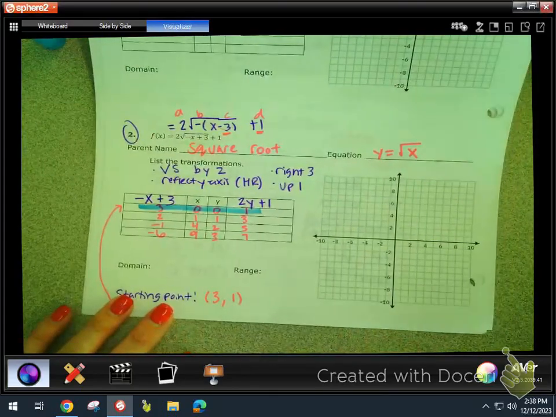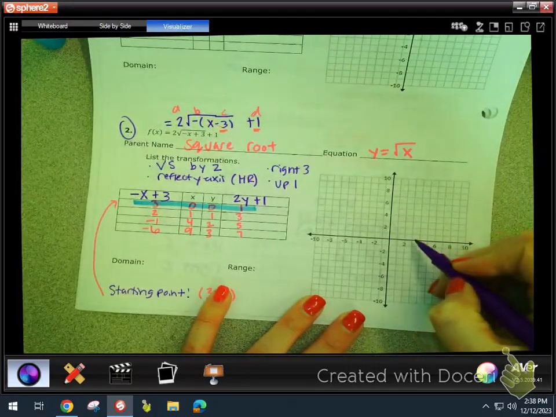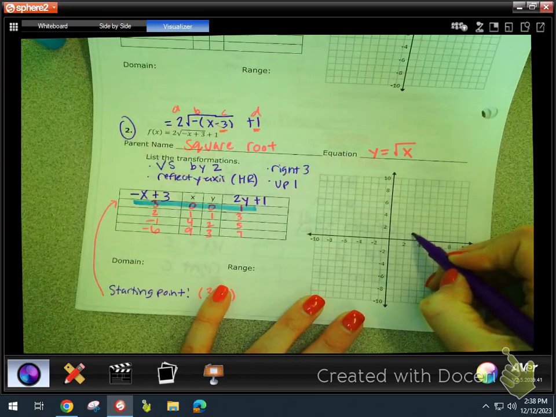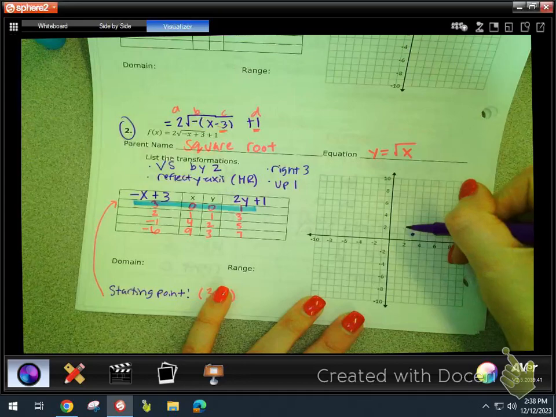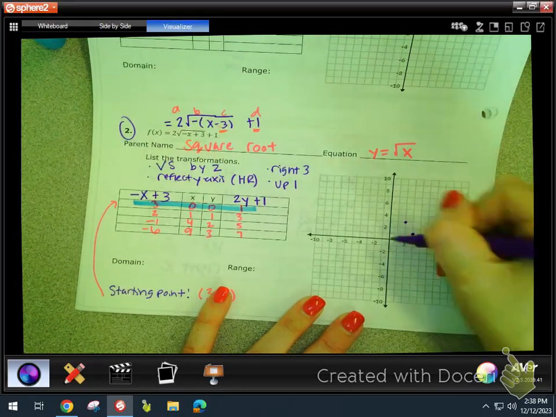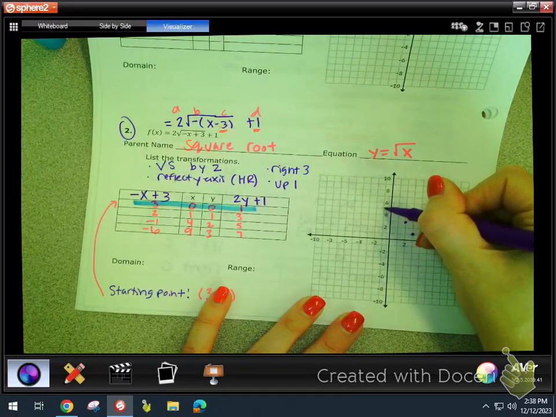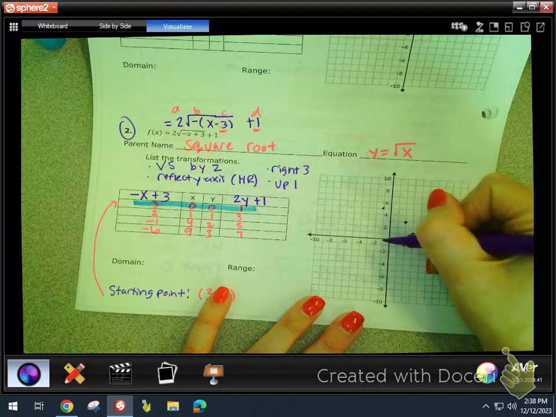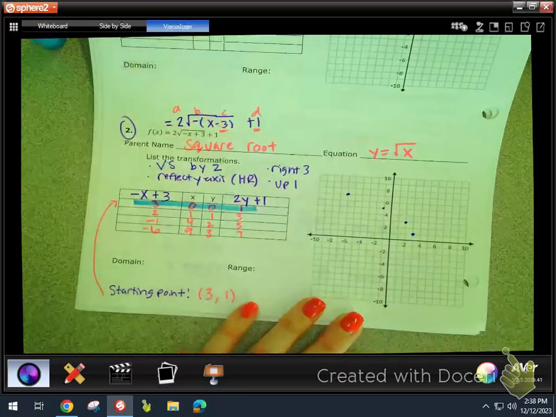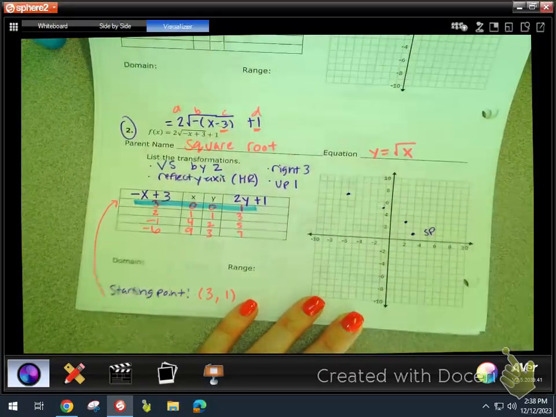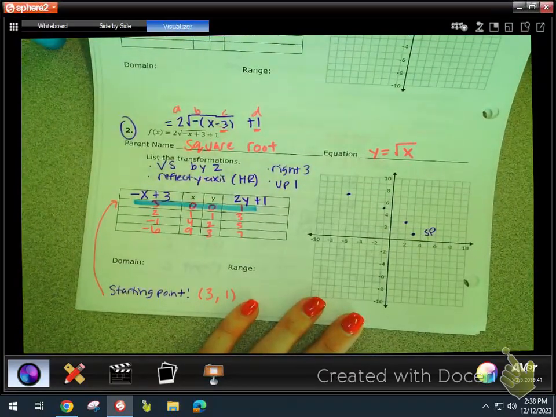So I'm going to put those on my graph. 3, 1. 2, 3. -1, 5. So this is kind of weird. We're going backwards. It's because of that horizontal reflection. -6, 7. But again, I labeled what my starting point was, and that's going to tell me how I connect the graph.